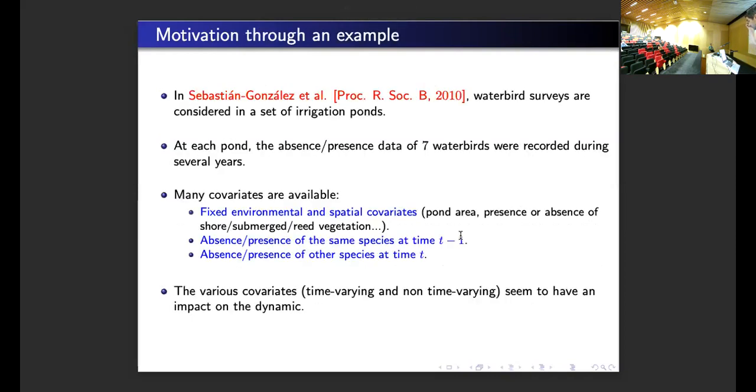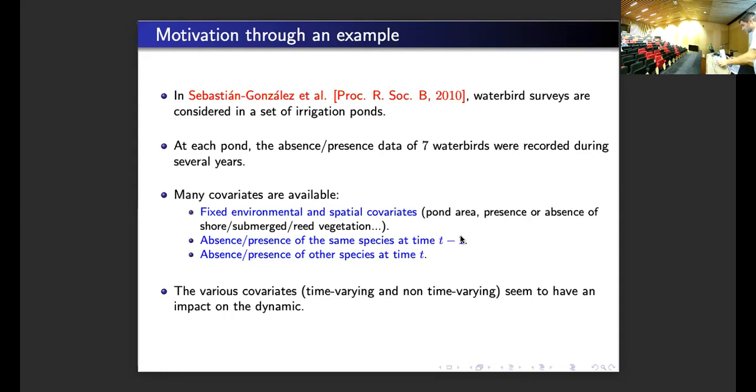I will provide the motivation through an example with a paper published in the Proceedings of the Royal Society, which concerns waterbird surveys in a set of irrigation ponds. Ponds in French means un étang. In this paper, people are interested in explaining the absence-presence data of 7 waterbirds, and they use many covariates.